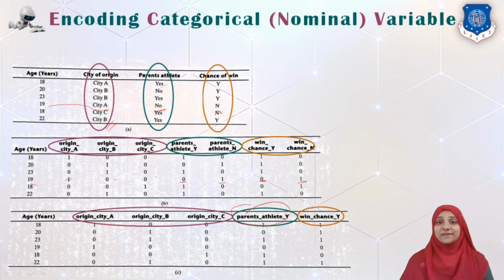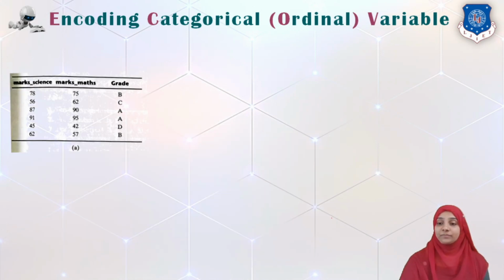Whenever value 1 is there, we say yes, the parents are athletes of the given student, and whenever value 0 is there, we can say the parents are not athletes for the given student. Similarly, for chances of win, if 1 is there, that means there are chances of winning, and value 0 represents there are no chances of winning.